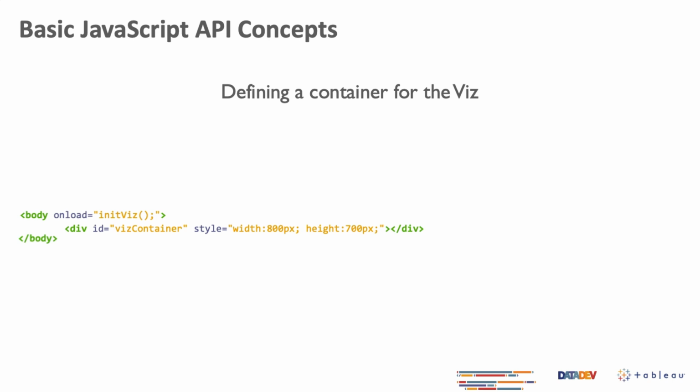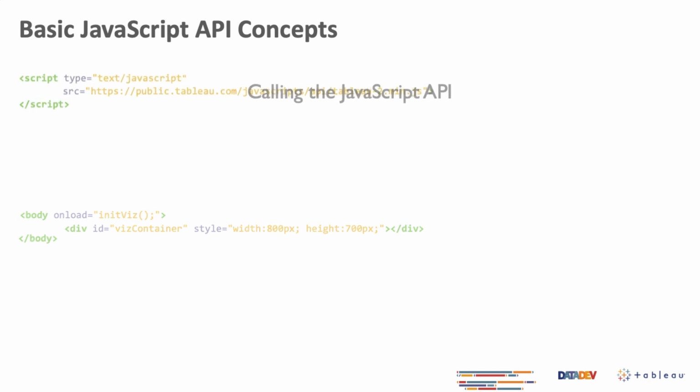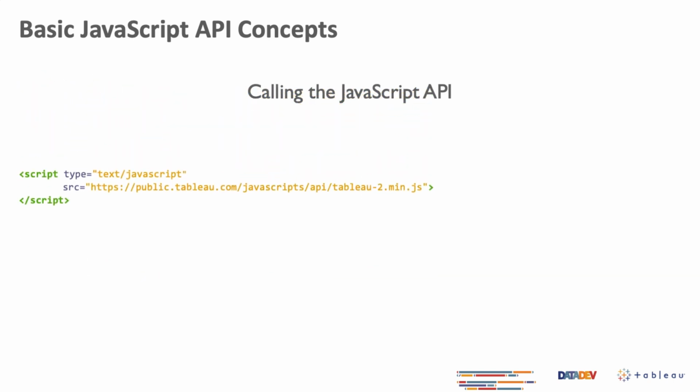So here we created a div with the ID viz container, and we define the height and the width of the div where the visualization is going to be displayed. Then you can see on the body, once the page loads, we are calling initViz. Then you need to call the JavaScript API library, which is what is actually doing all the magic.